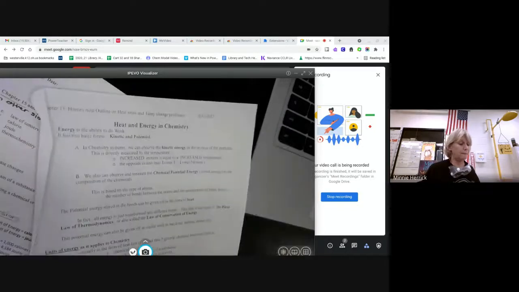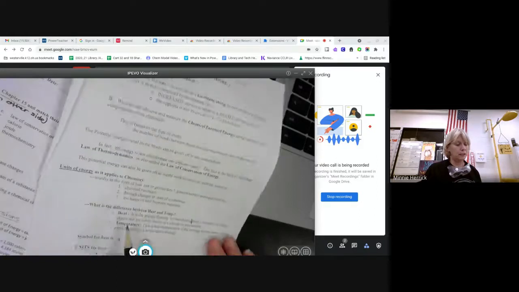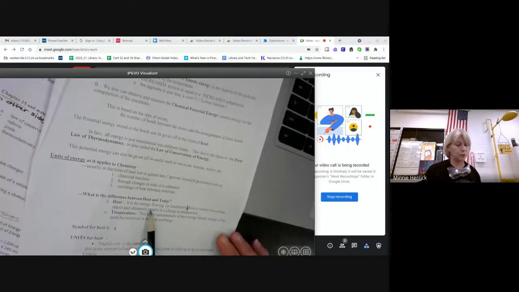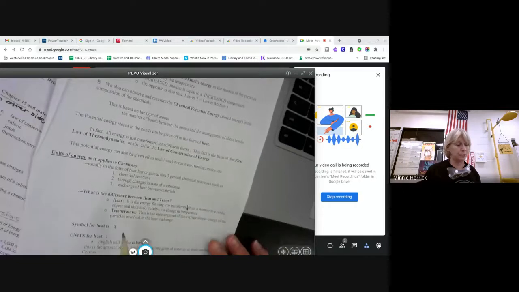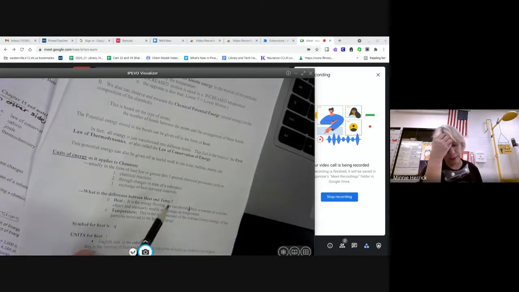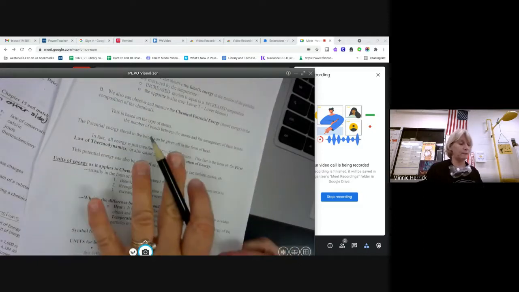Okay. We did cover these notes on Monday about heat and energy. Understanding that heat is the energy flowing from warmer to colder. So we're going to be actually doing that today and measuring the temperature of hot water and measuring the temperature of cold water and observing how the heat flows. Okay. So I just wanted to iterate, this is what we covered Monday.